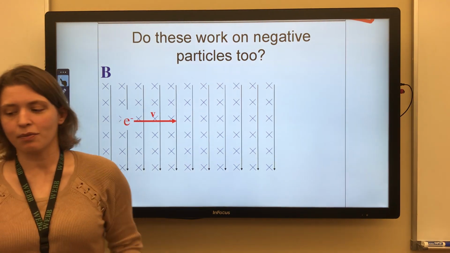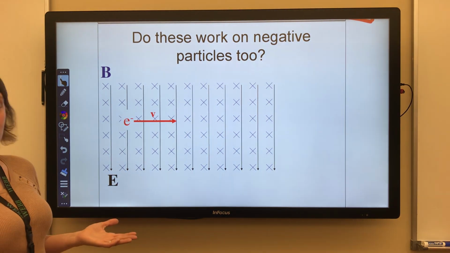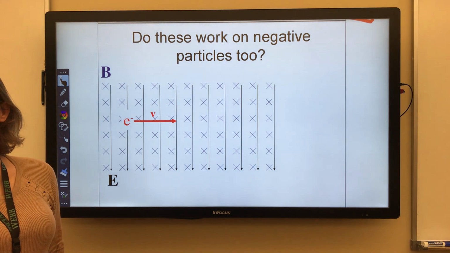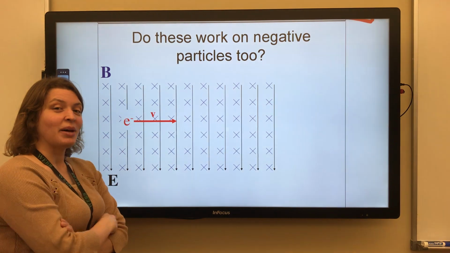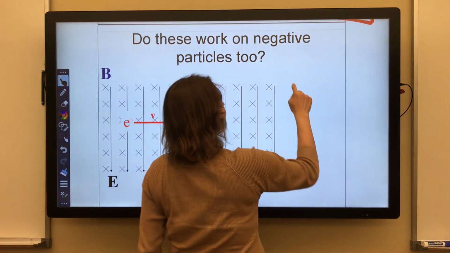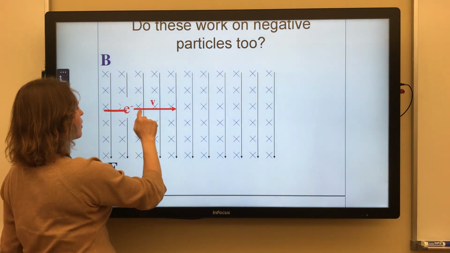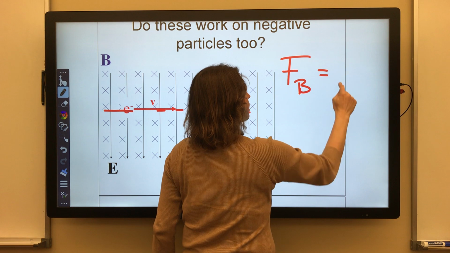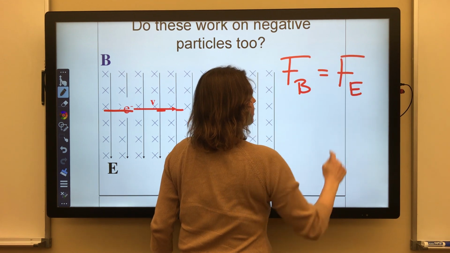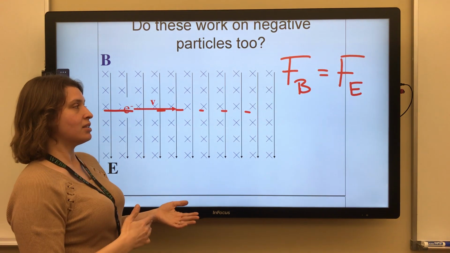So my next question for you would be, should this work for negative particles as well? Any ideas? Well, let's go back to our original equation. We said that in order for us to have a particle move through undeflected, our magnetic force and our electric force should be balancing one another.